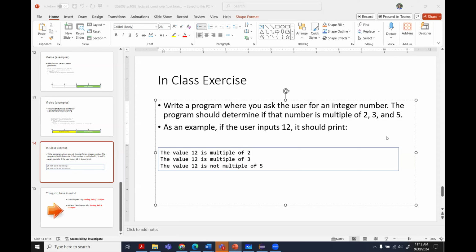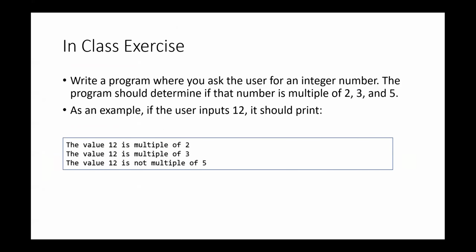I want you to try this specific program, so take a screenshot or a picture of it. The program should determine if the number is a multiple of 2, 3, and 5. For instance, if the person enters 12, 12 is a multiple of 2, 12 is also a multiple of 3, but 12 is not a multiple of 5.